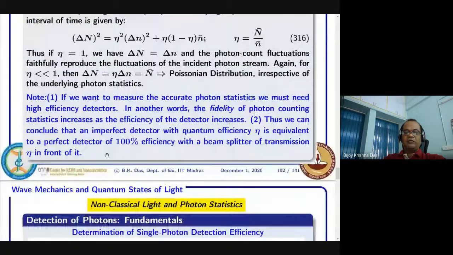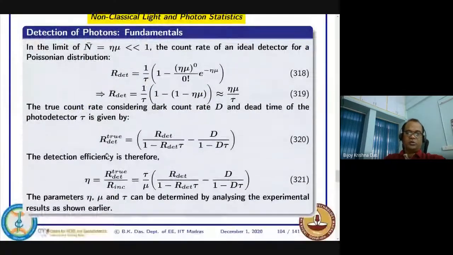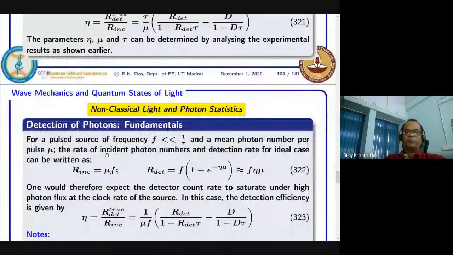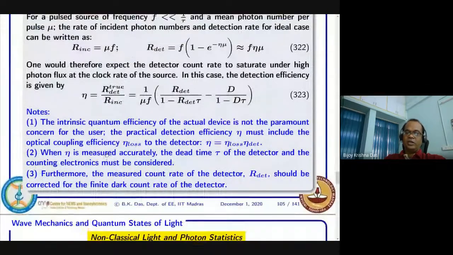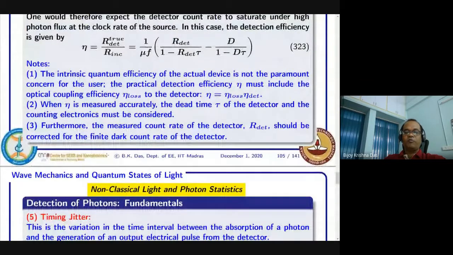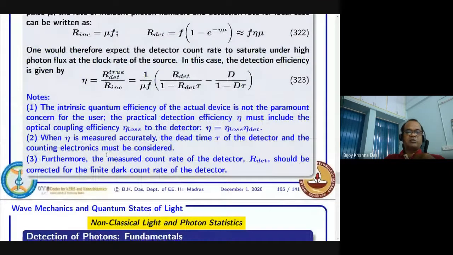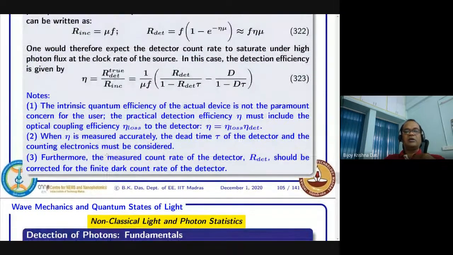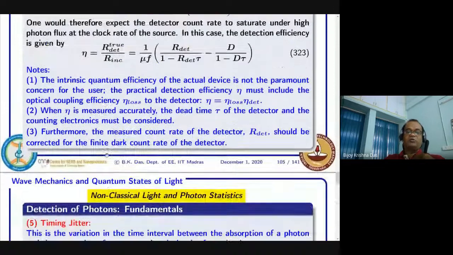To understand that, we have discussed different aspects of photodetection. For example, if we want to detect a single photon, what sort of problems can come in the detection system? We have discussed quantum efficiency, then jitter, and also dead time and dark count.